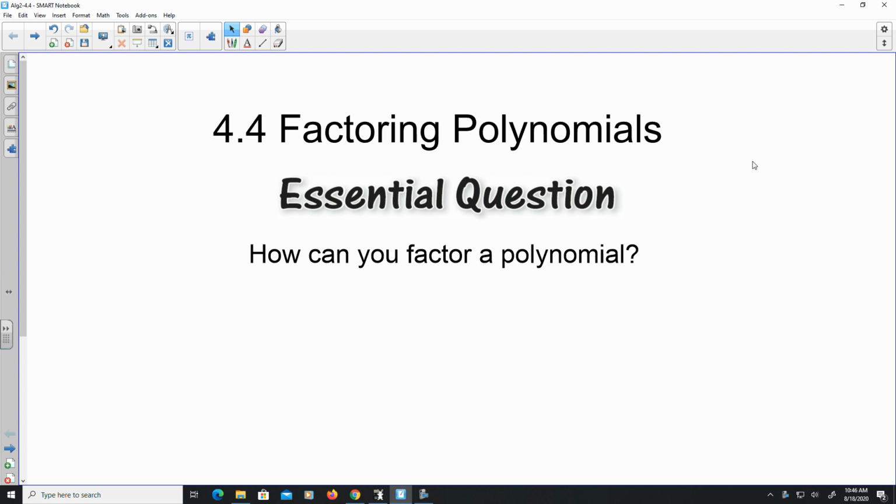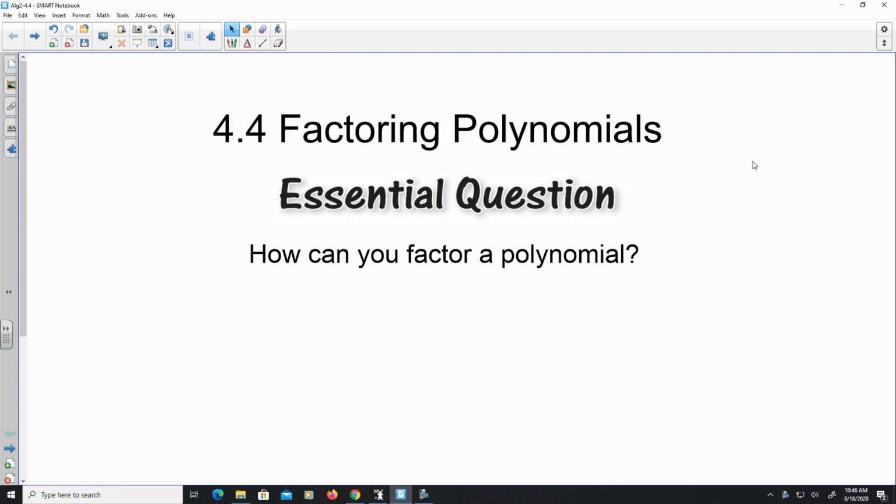Today we're going to be looking at section 4.4 where we're going to be factoring polynomials. So our essential question is, how can you factor polynomials? Basically there are different ways that you can go about it depending on how many terms a particular polynomial has.